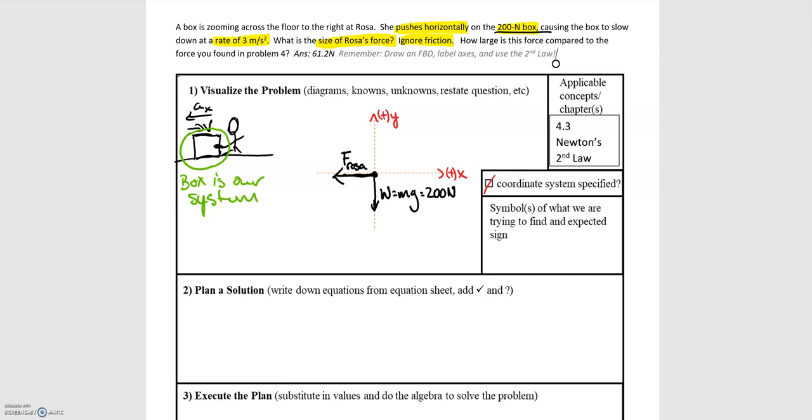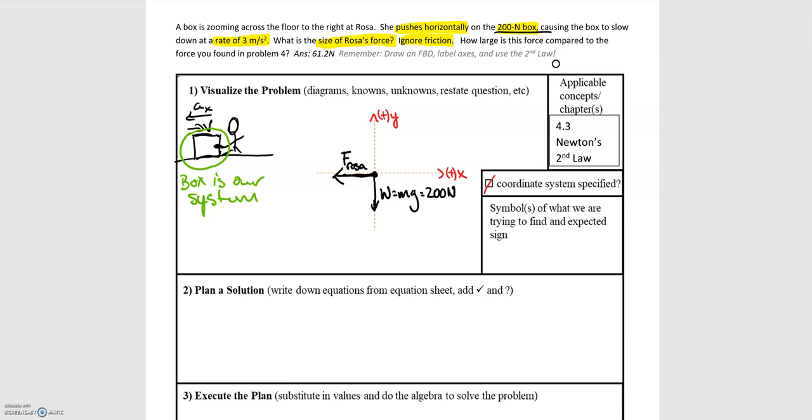And now we need one more force that we're missing. We know that the box isn't moving in the y direction, so in the y direction there's zero acceleration. If there's zero acceleration, we know that the forces must be balanced. We have a weight force downwards, so we need another force in the positive y direction that balances that downward force.